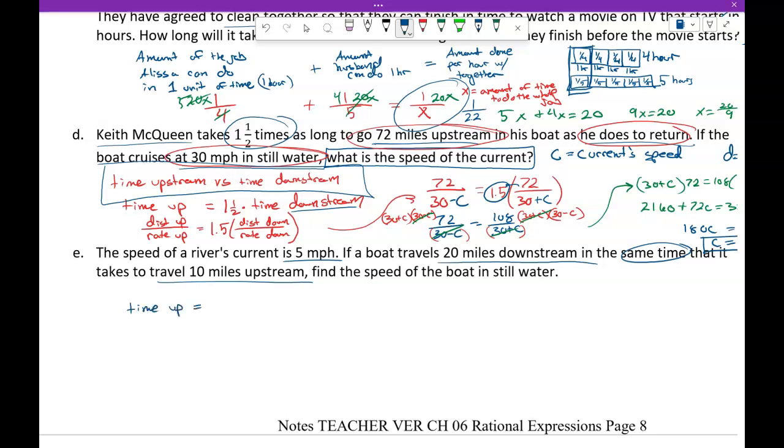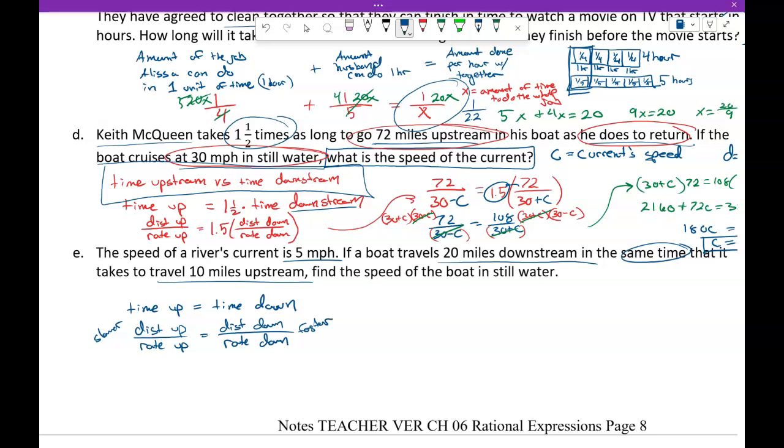Time up equals time down. Well, since the time is equal, then what we're really doing is comparing the distance going up divided by the rate going up has to be equal to the distance going down divided by its rate going down. Remember, going upstream, we're going to go slower, and downstream, we're going to go faster.